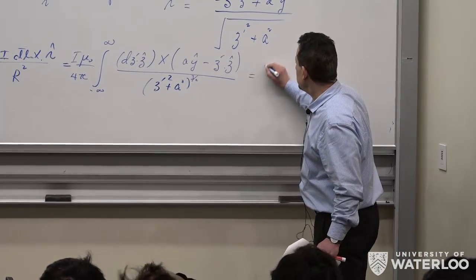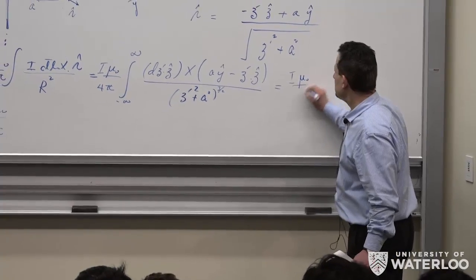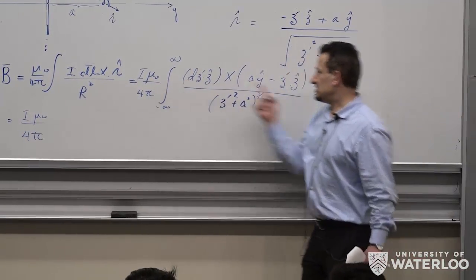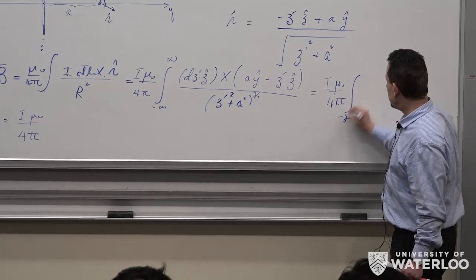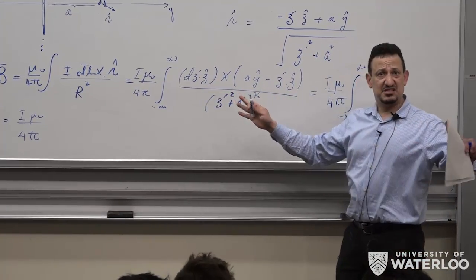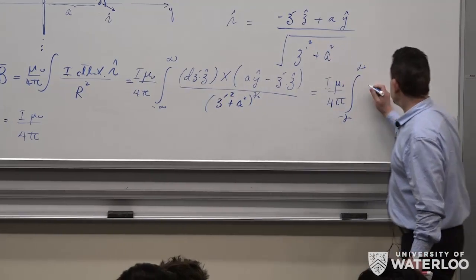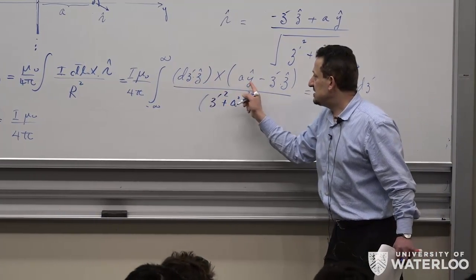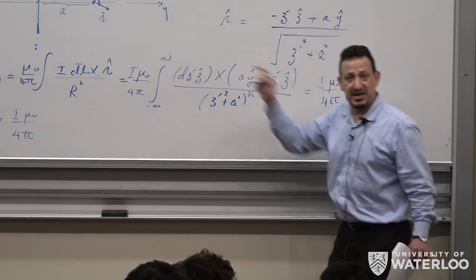So this will be I mu naught divided by 4 pi, this constant. I took it out, integrated from minus infinity to infinity. Remember, z crossed with z is gone, 0. So I have dz prime, z crossed with y is minus x.